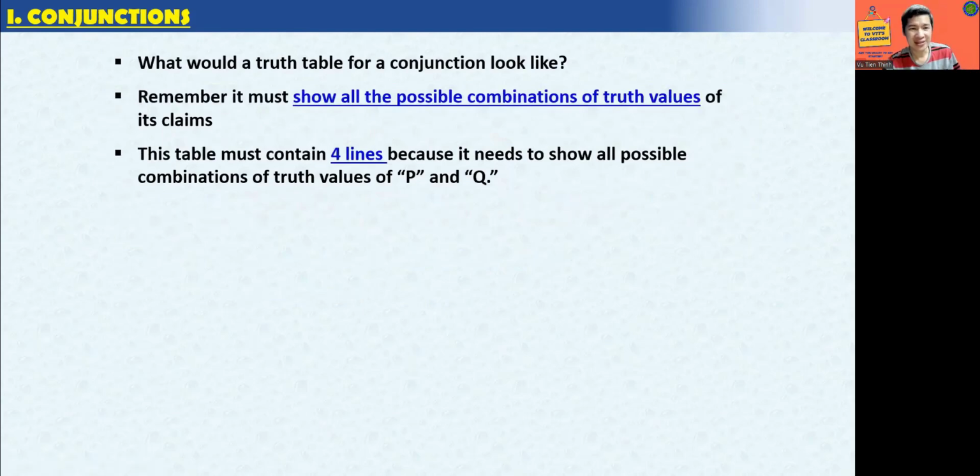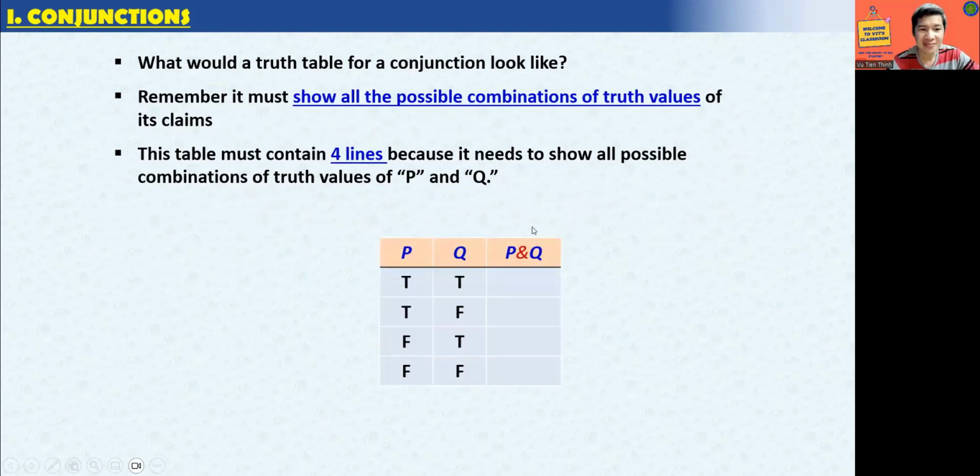Okay, have a look at this. Now we have two variables, right? Then we are going to set up a table, and then each variable will have 4 lines. Then we are going to see all of the possible combinations of P and Q together.